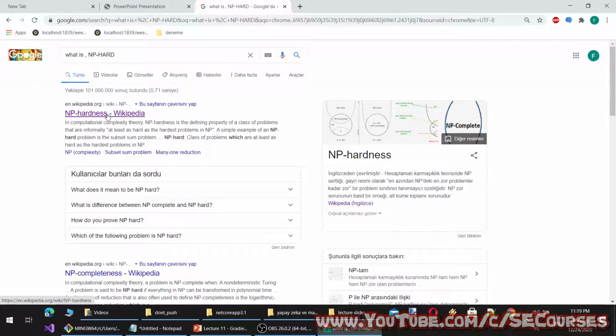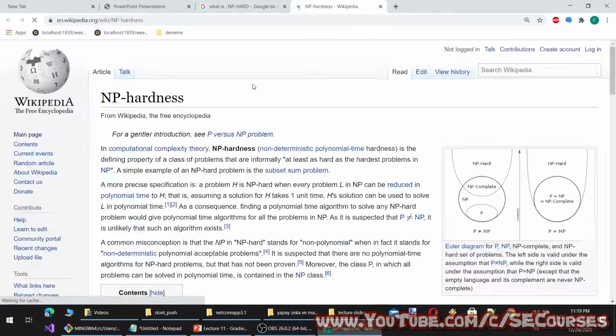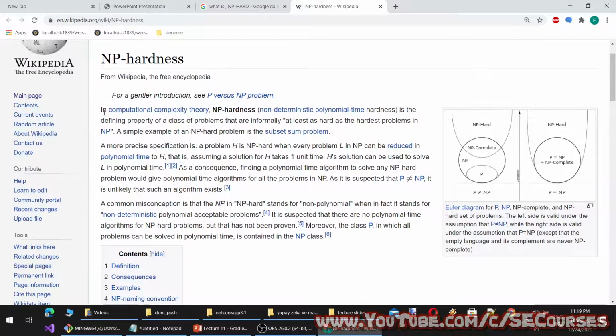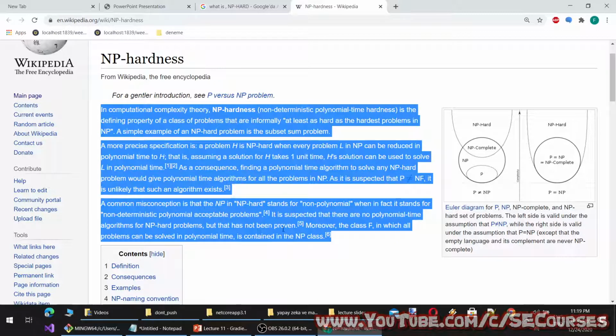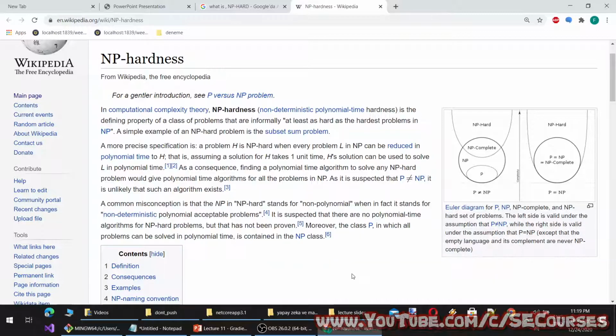Let me give you the basic idea about NP-hardness. In computational complexity theory, NP-hardness, non-deterministic polynomial time hardness, is the defining property of a class of problems that are informally at least as hard as the hardest problems in NP. A simple example of an NP-hard problem is the subset sum problem.